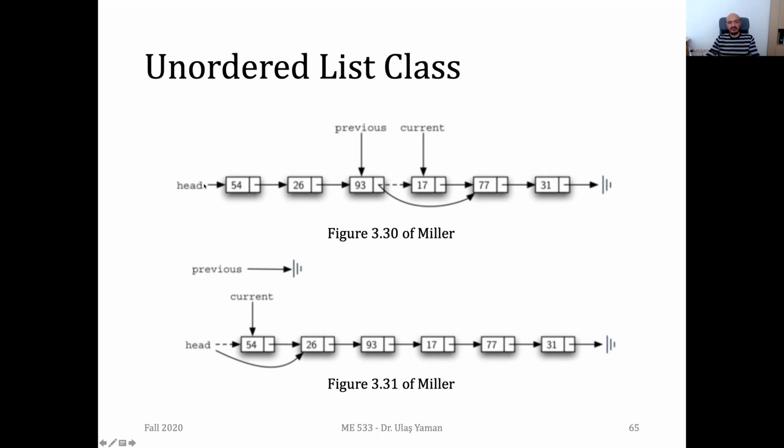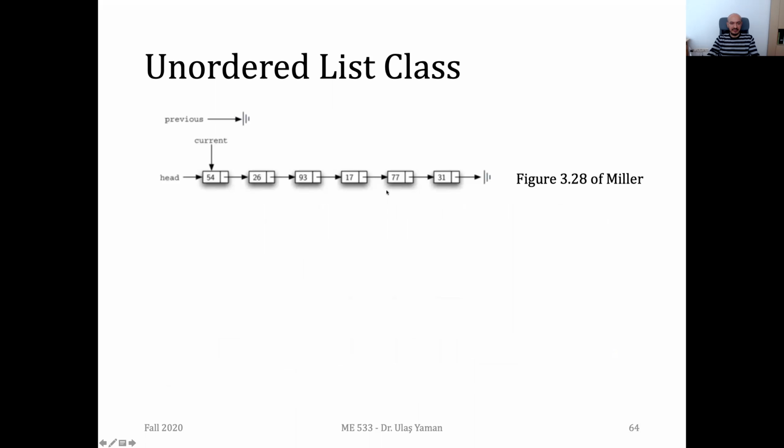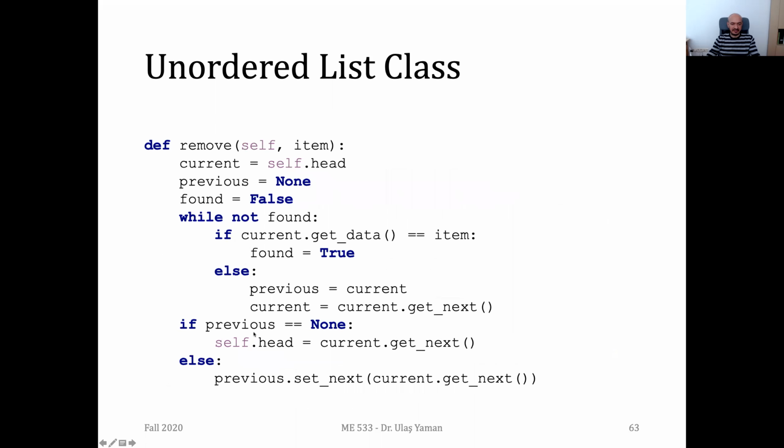We are searching all the nodes starting from the head, and we find that our item is here, 17. Since it's a removing operation, we want to remove this item. So what we do, we simply disregard this item and try to have a connection between the previous one and the next one. And this is actually done here.